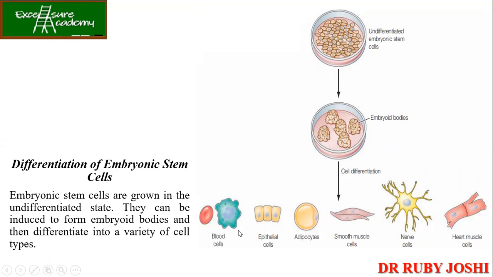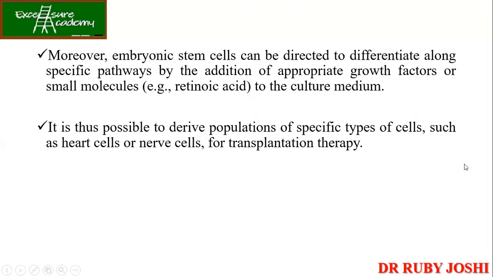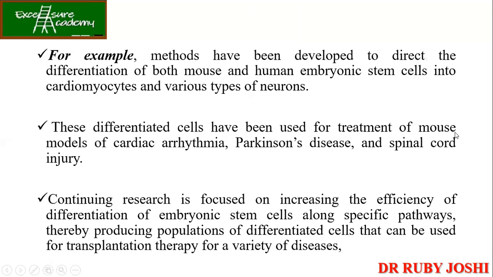They can form blood cells, epithelial cells, adipocytes, smooth muscle, nerve cells, or heart muscle cells. For example, methods have been developed to direct the differentiation of both mouse and human embryonic stem cells into cardiomyocytes and various types of neurons.